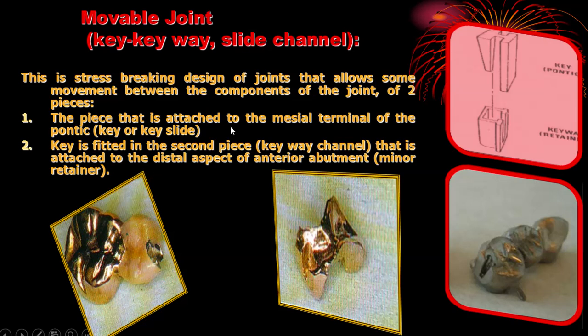طبعا we have two pieces. We have a key والkey slide keyway. The piece that is attached to the mesial terminal of the pontic is key or keyway, where the key is fitted on the second piece that is attached to the distal aspect of anterior abutment. فعندنا الkeyway والkey.